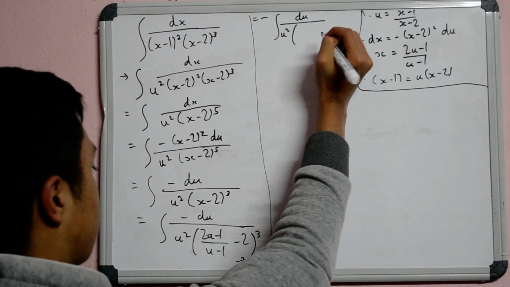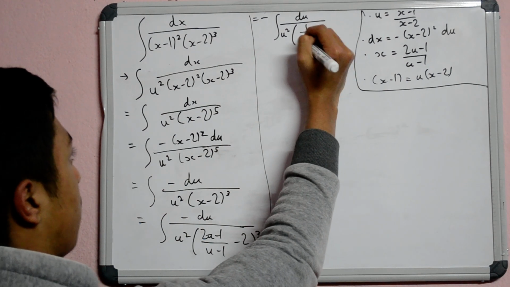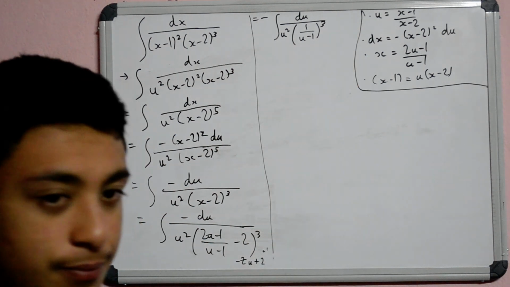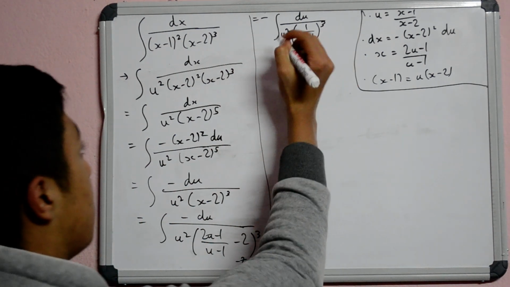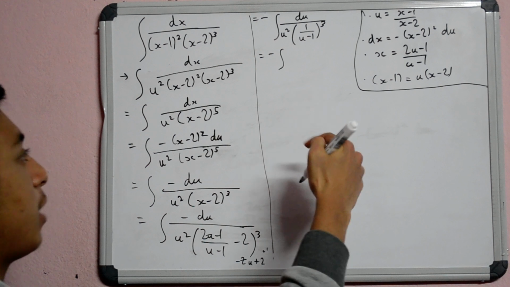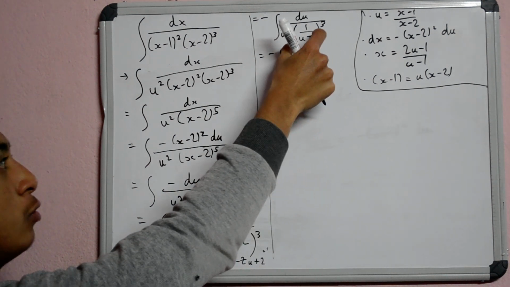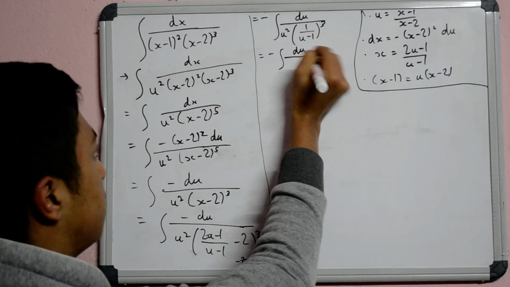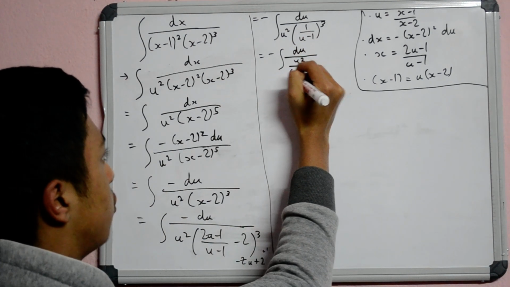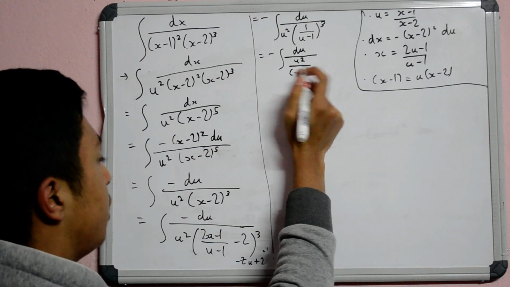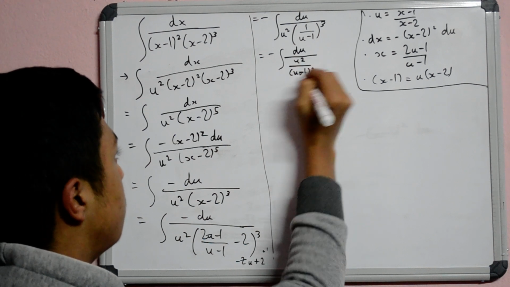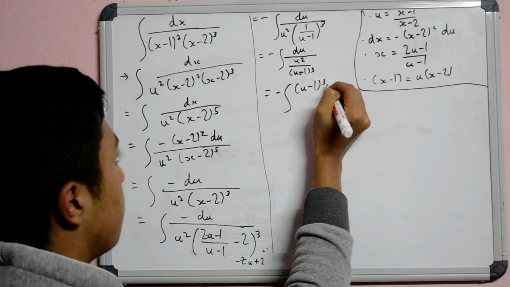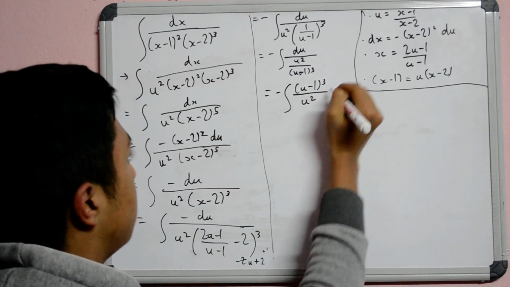So we simply get 1 by (u minus 1) whole cube. And here we can simply put this (u minus 1) whole cube up here, because this is the same as u square by (u minus 1) whole cube. So this is just (u minus 1) whole cube by u square du.